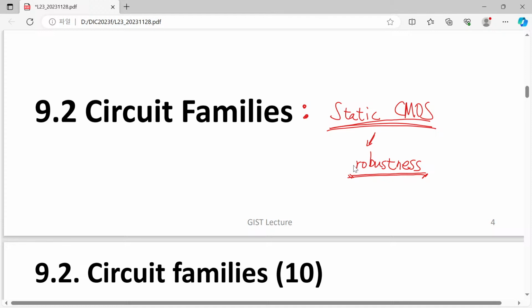So in that sense, robustness is quite important. It seems to be quite a general description, but static CMOS provides you the most robust design, and other families sometimes seem quite attractive, but many times they lack robustness.